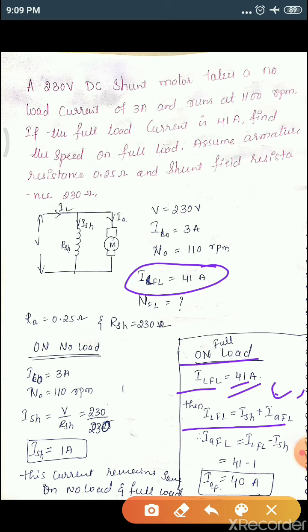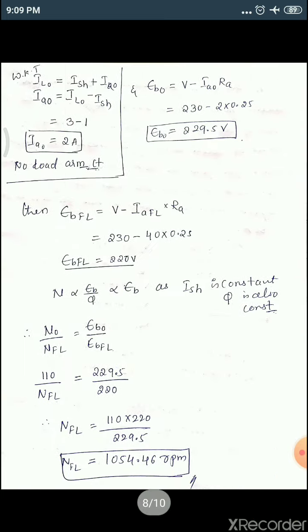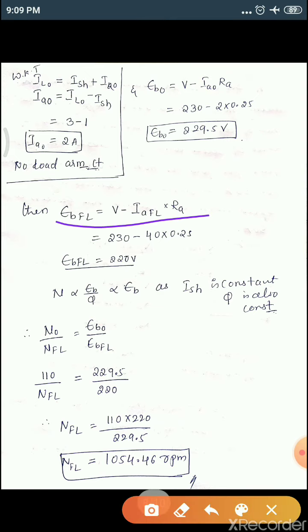Now we need to calculate the full load armature current, so IL minus Ish. Both Ish remain constant, so 41 minus 1 will be Ia full load equal to 40 amperes. That is the armature full load current.